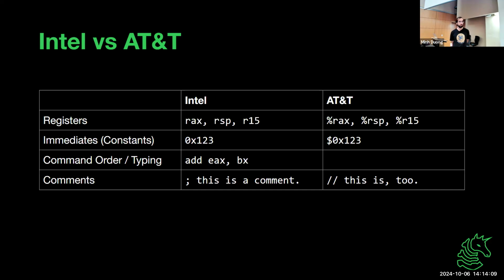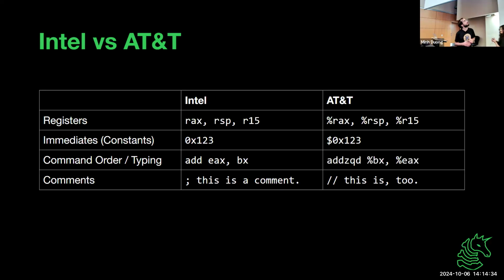The Intel syntax will have the registers without being prefixed by the % sign, whereas AT&T will have that prefix, and immediates are prefixed by the $ sign. The comments are different as well. It's just something good to keep in mind when you're interpreting these instructions. Okay, I'll pass it off to Sam.